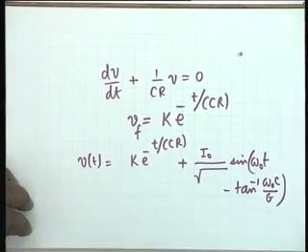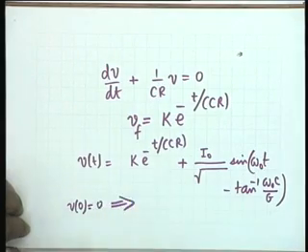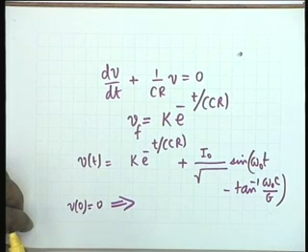You must remember this. To find the complete response, initial conditions have to be put on the total solution, not part of the solution. This is where you put the initial condition, that is, you put V0 equal to 0, and then find K.